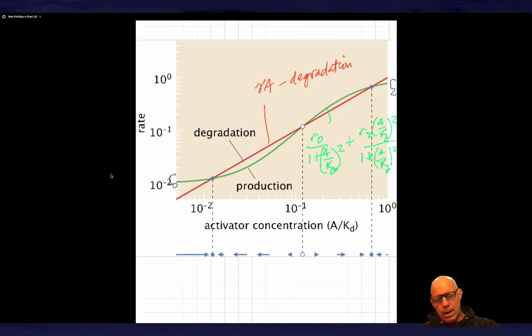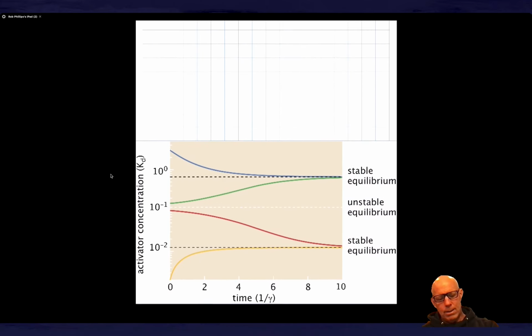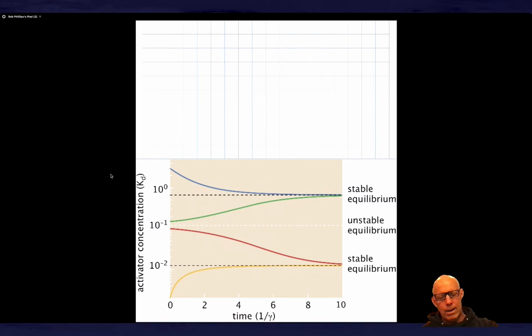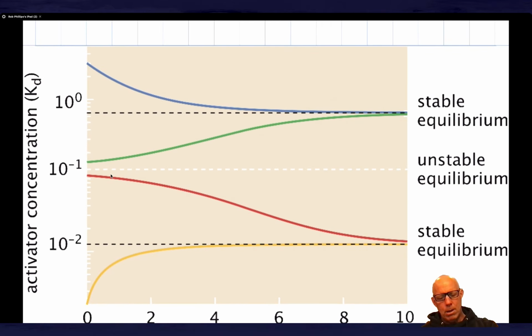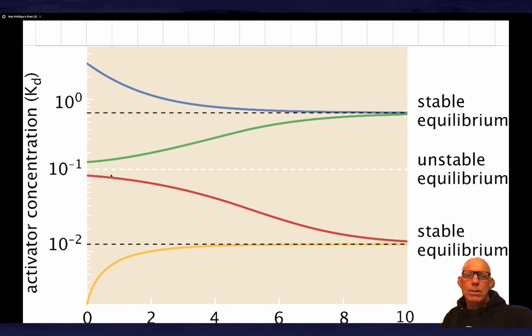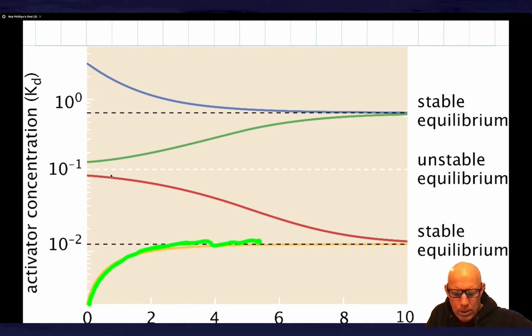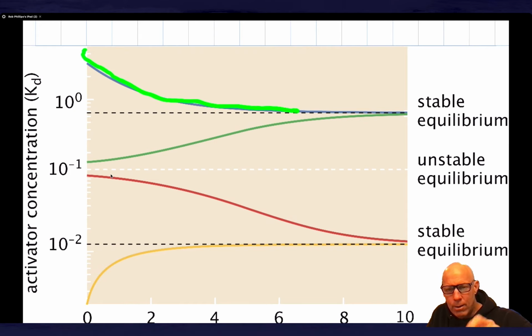Now, you'll have a chance to do this as a homework, but let's anticipate what will happen if you try to solve this problem for various initial concentrations of A. If I start out with A equals 0, because of the R0 term, it's going to start to increase, and it will reach the first, low value fixed point. If I start at very high values of A, above the second fixed point, it's going to come down to the upper fixed point.